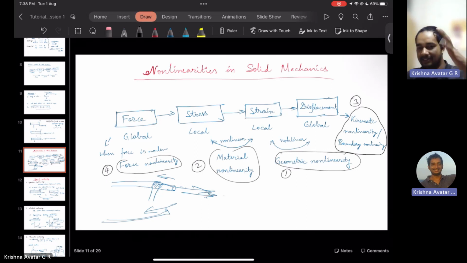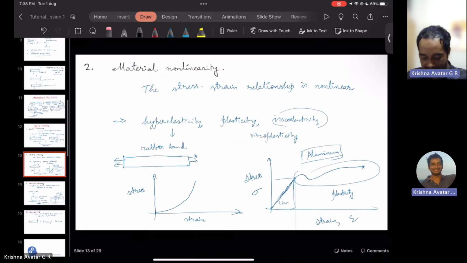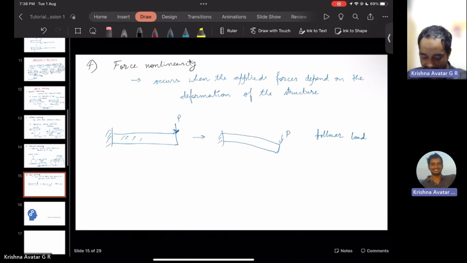You can have multiple layers of complexity, and the contact problem is known to be a very nonlinear problem. And force nonlinearity is when the nature of the force depends on the configuration of the deformed structure. So that's what we call force nonlinearity. I explained this using four different examples. We went further into all this.